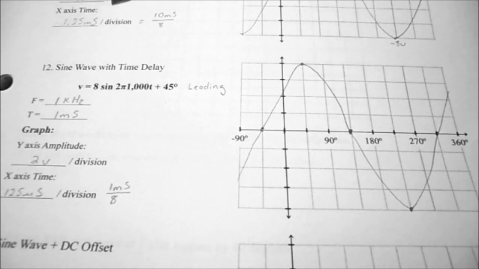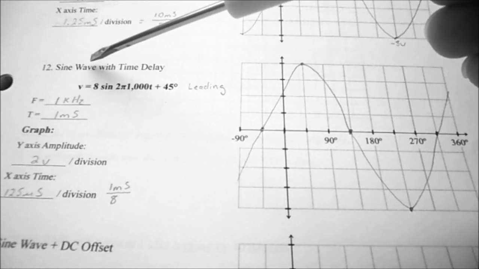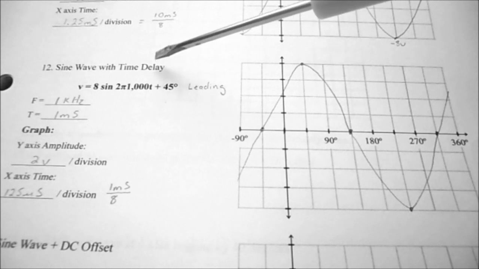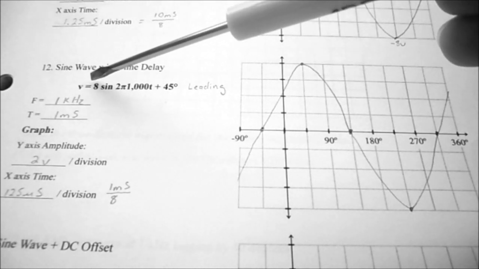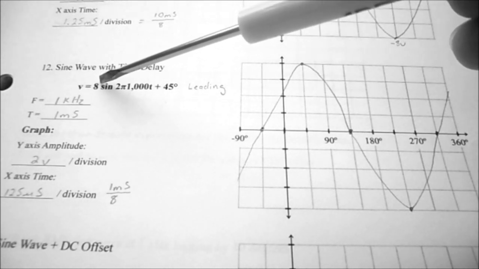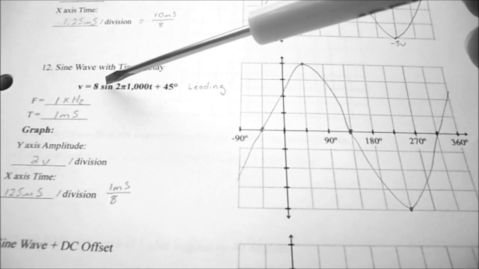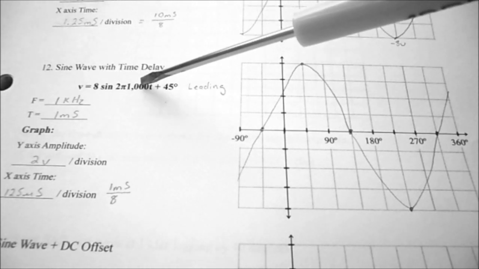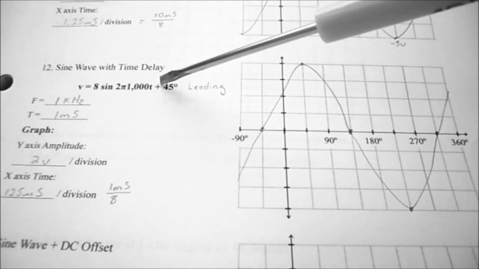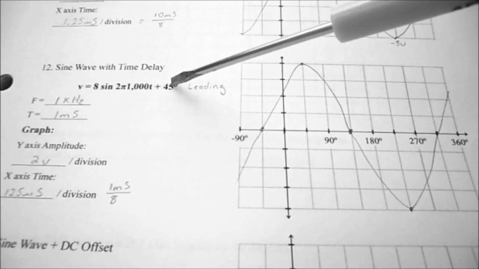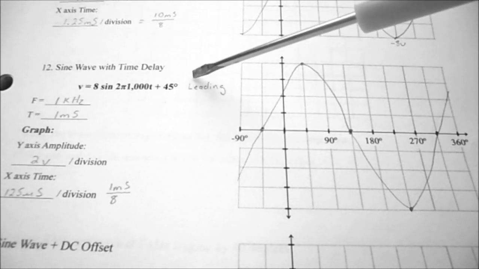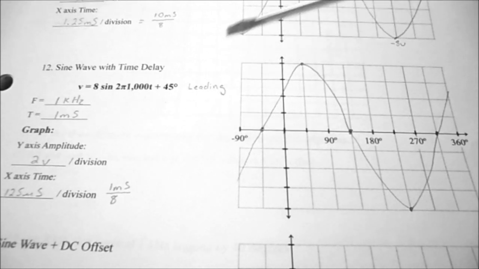So under procedure, step number 12, we have a sine wave with a time delay. So looking at our formula, you can see it's v equals 8, so 8's the peak, sine 2 pi 1000, so the frequency is going to be 1 kilohertz, and it's plus 45 degrees. So remember, plus 45 means to move to the left, so it's going to be leading.